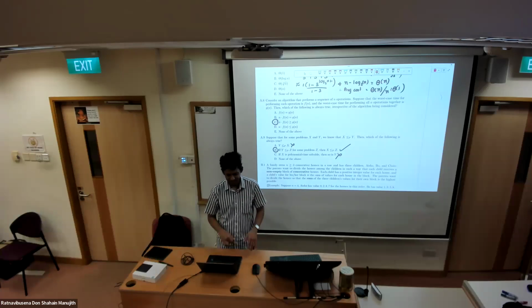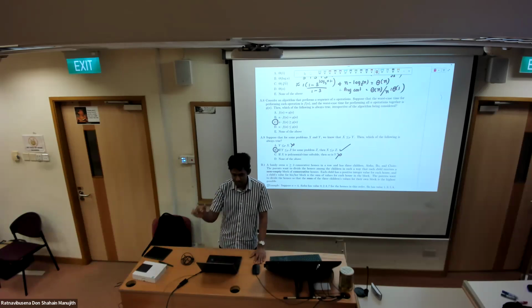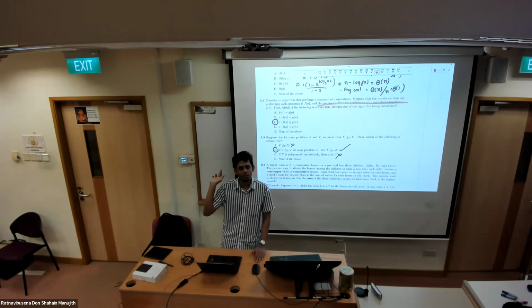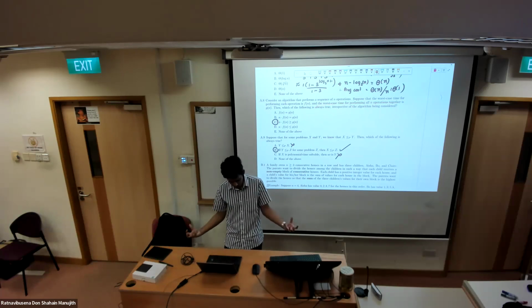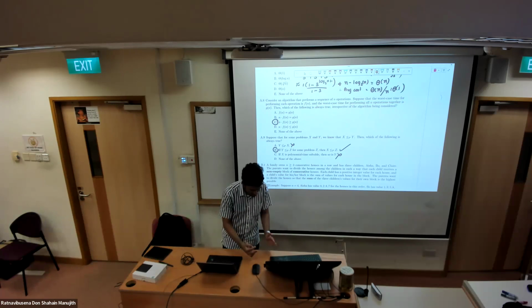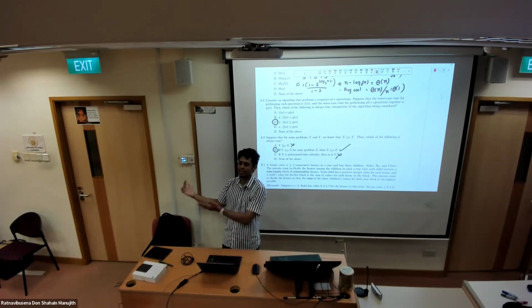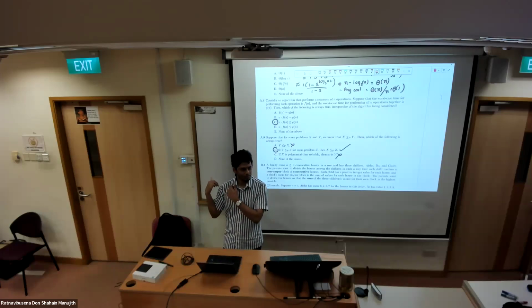I don't know why this is a question for this paper, but of course, since F(n) is the worst case for any operation, n times F(n) is the upper bound for the worst case time for performing all operations. Each operation is upper bounded by F(n), so if you add F(n) n many times, then surely G(n) is upper bounded by n times F(n). I don't know why this question is there in the exam.